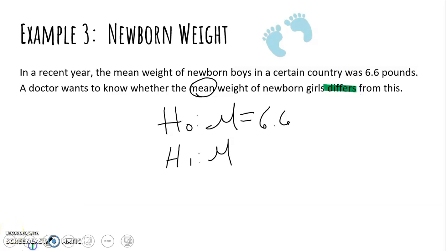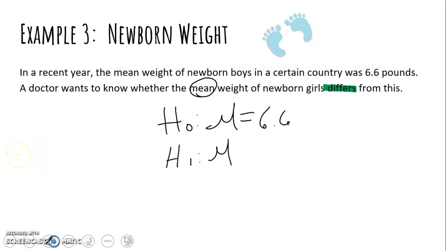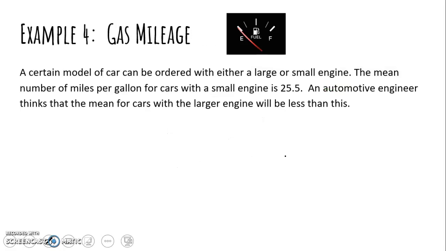They use the word differs here, but that means different. So for our alternate statement, we're going to say that it doesn't equal 6.6. So the mean equals 6.6 is the null, our assumption, and the alternate statement, what the prosecution is trying to prove, is that it differs from 6.6. All right.